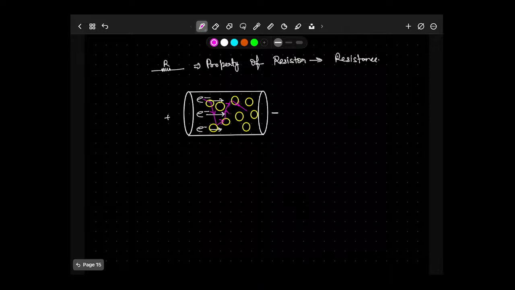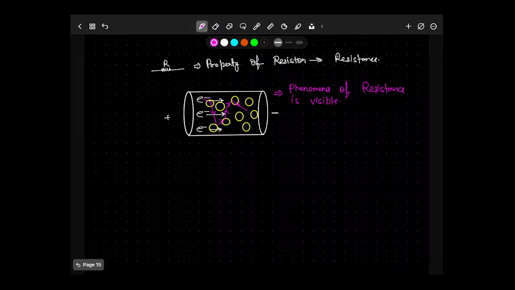Due to these collisions, the phenomenon of resistance is visible.